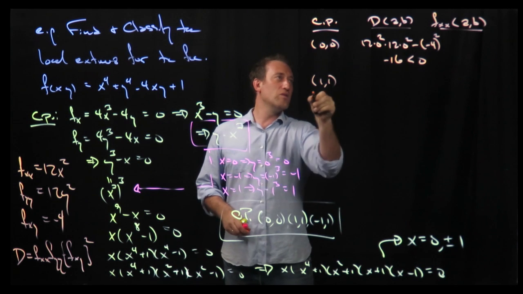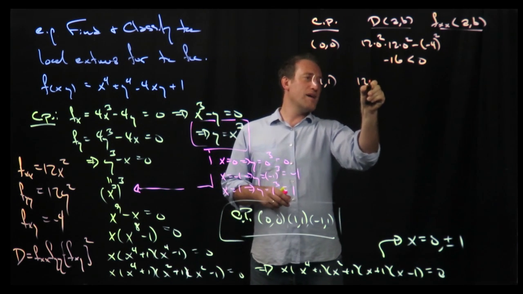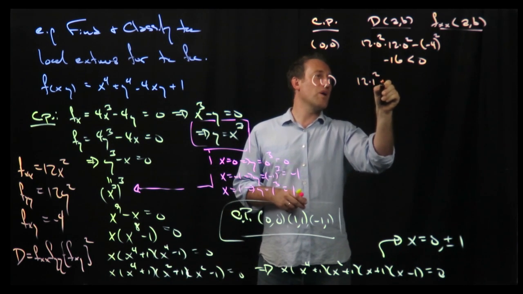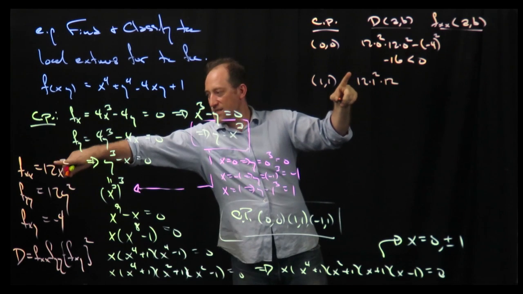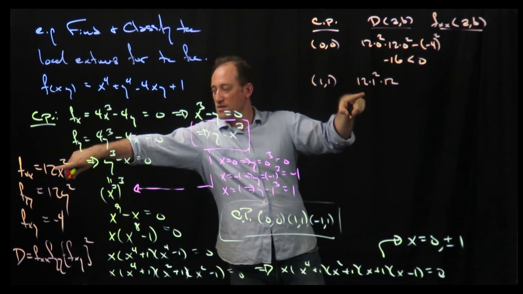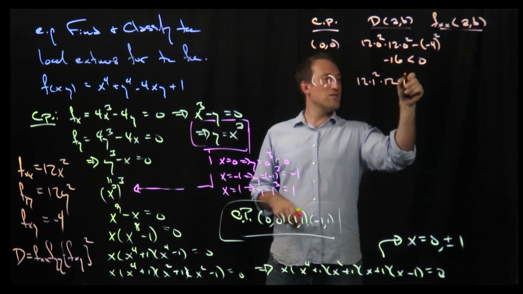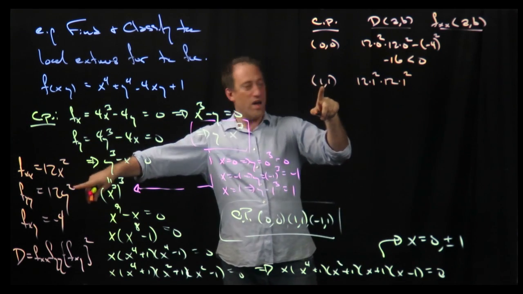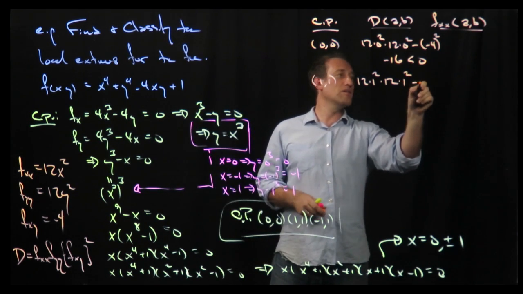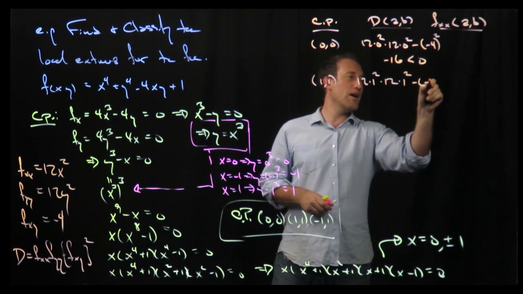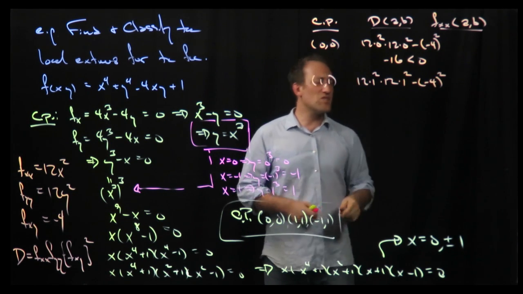All right, (1, 1). For (1, 1), I'll have 12 times 1 squared. That's fxx at 1, times 12 times 1 squared again. That's fyy at 1, minus, and once more, a minus 4 squared.